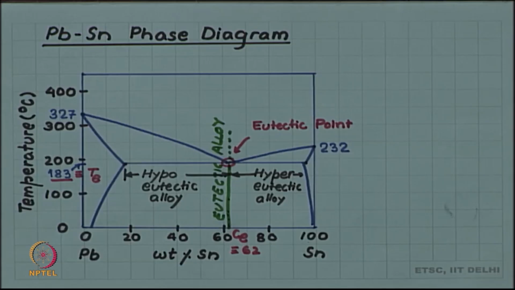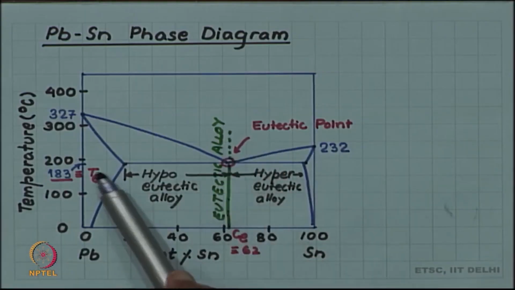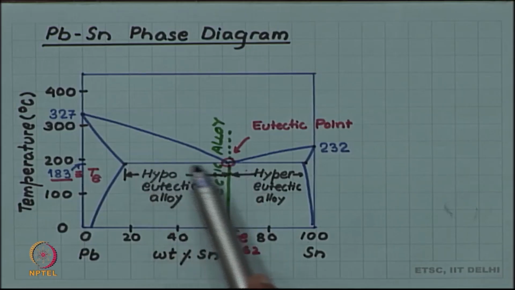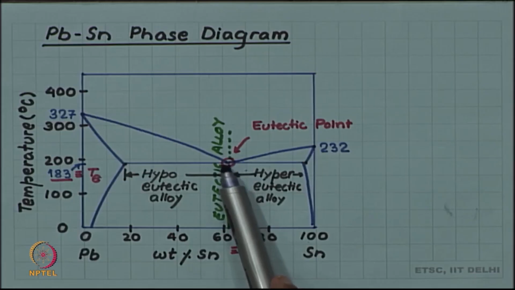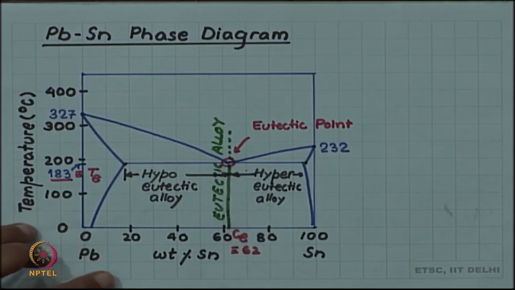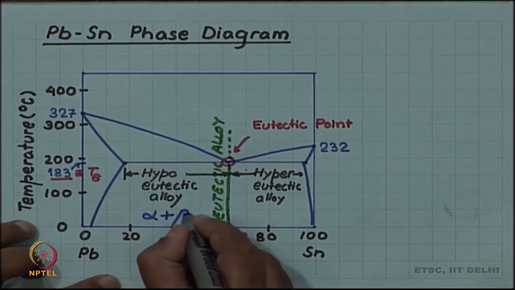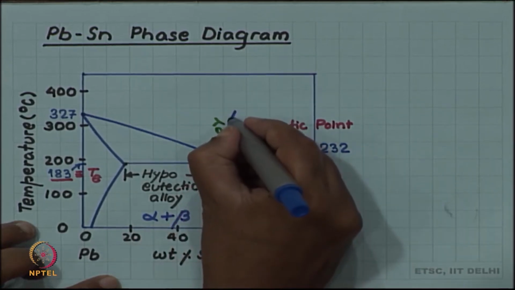Now, the question is how the microstructure evolves. We have seen how the microstructure evolves for a eutectic alloy. Since the eutectic alloy is liquid right up to the eutectic temperature, and then solidification begins at the eutectic temperature, and below the eutectic temperature it is a mixture of two phases alpha plus beta, and above that it was liquid.